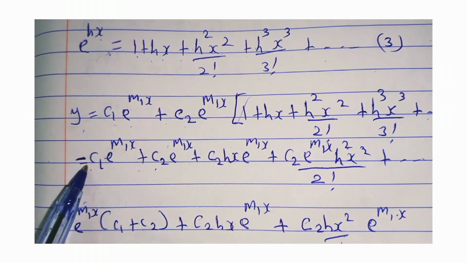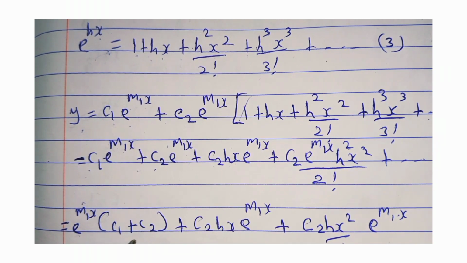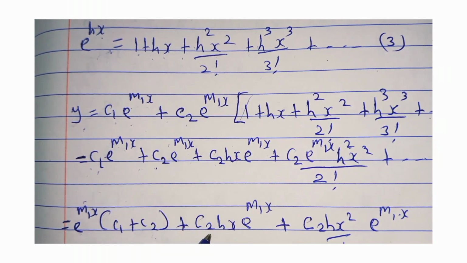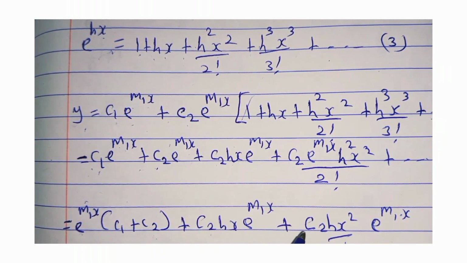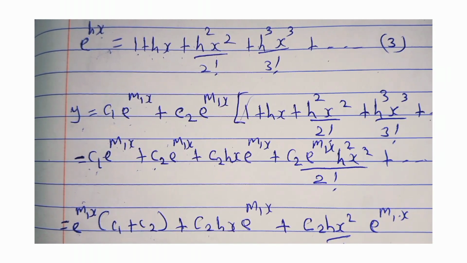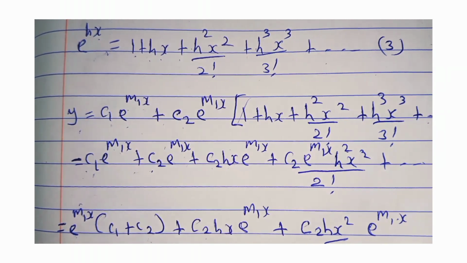Now here we can factor out exponential m1x to be left with the bracket c1 plus c2, plus c2 hx exponential m1x plus c2 h x squared divided by 2 factorial exponential m1x.